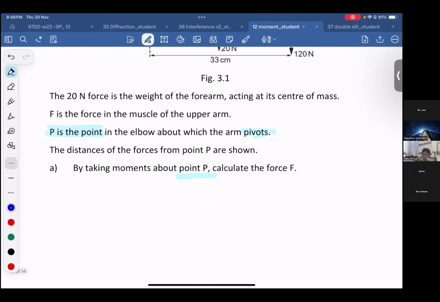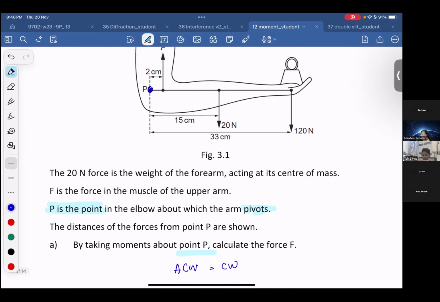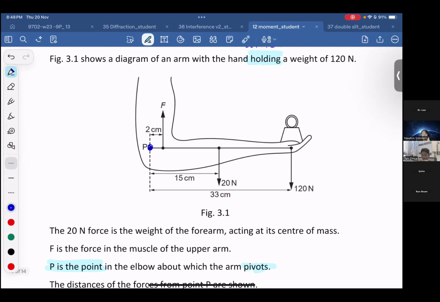First question, how do we solve it? Anti-clockwise moment equals clockwise moment. So look at the diagram. First step, determine the direction of moment. Then you solve it. Then tell me what is your F. Emily, your answer and my answer are slightly different. Did you substitute some value wrongly? Check again.